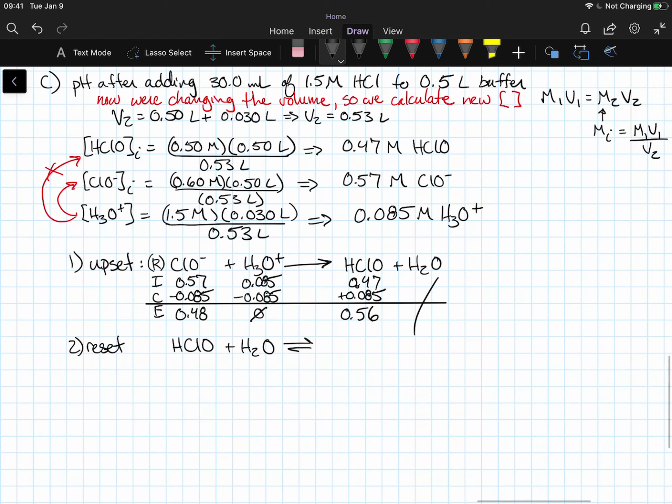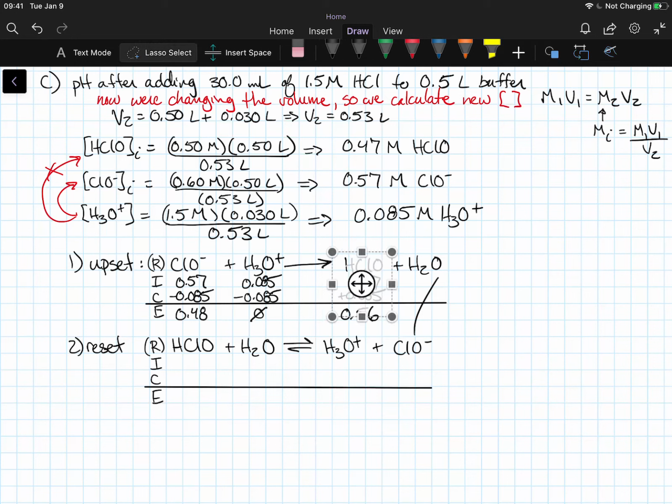It gives us H3O plus and A minus, except HA and A minus are HClO and ClO minus. And now we have to be a little careful here because the HClO came from the product side of our reaction over here.